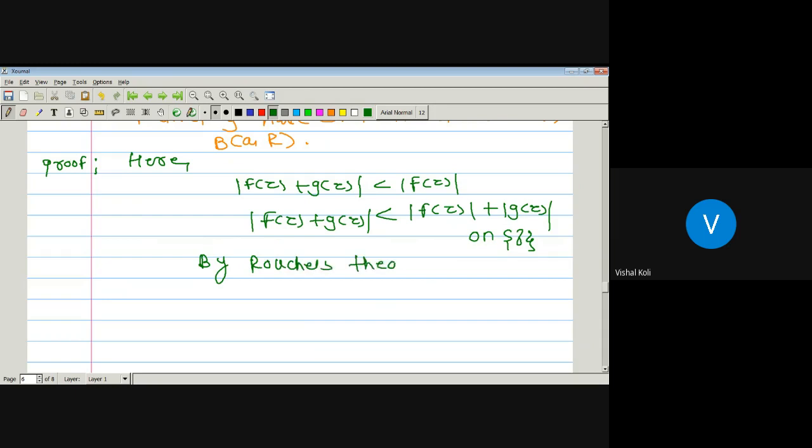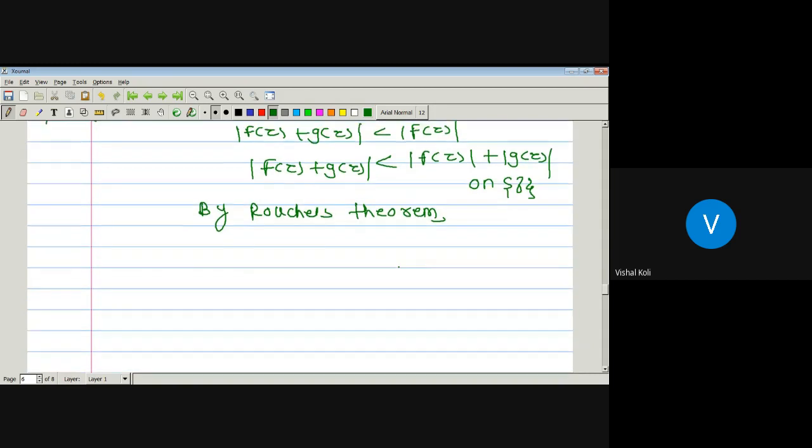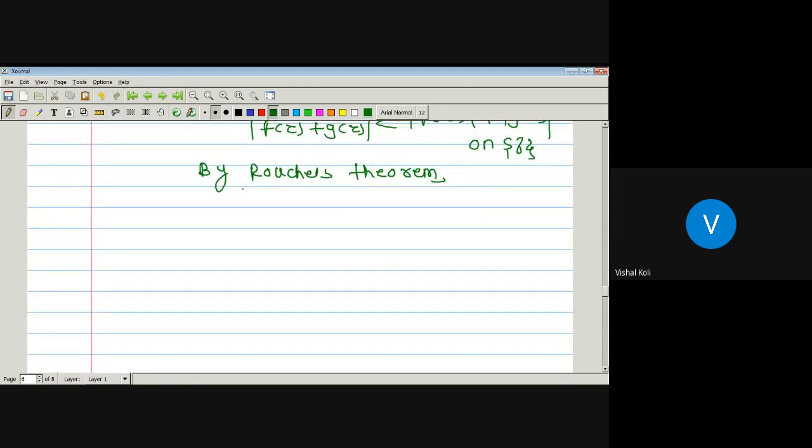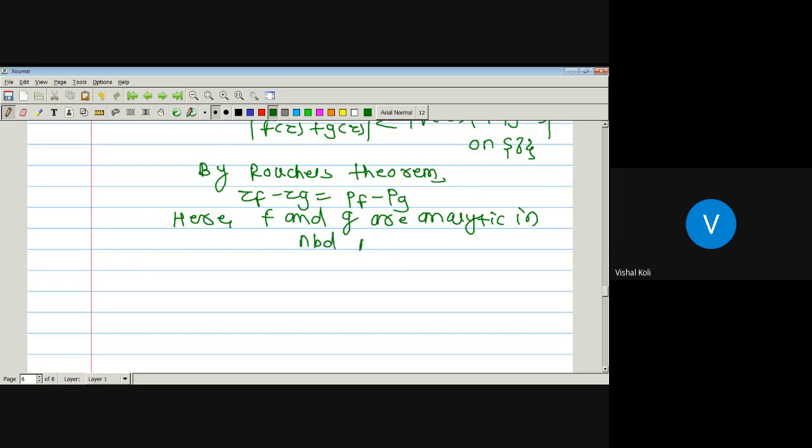What is Rouché's theorem? It states that if f and g are two meromorphic functions and modulus of f plus g is less than or equal to mod f plus mod g, then Zf minus Zg is nothing but Pf minus Pg, which implies Zf minus Zg is nothing but Pf minus Pg. But here f and g are analytic functions, analytic in the neighborhood of this one, centered at A having radius R, which implies they have no singular points.